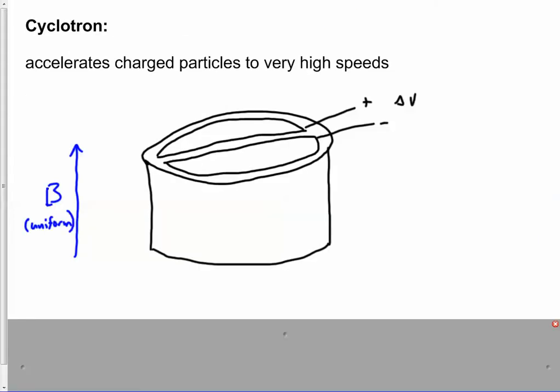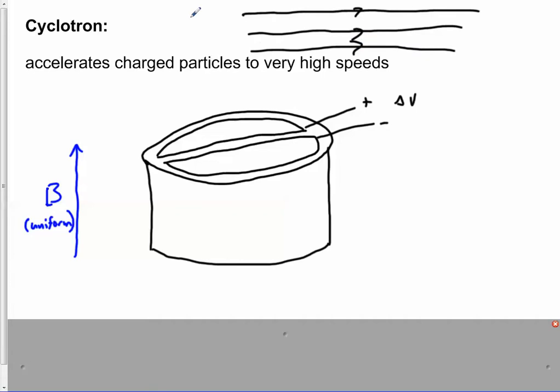Okay, finally, a third application is called a cyclotron. This is an interesting thing in how it works. It is a way of accelerating charged particles to really high speeds. Now, one way to do that that doesn't require anything super fancy is to just set up a uniform electric field.